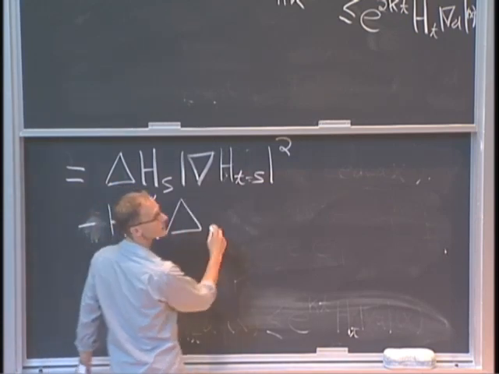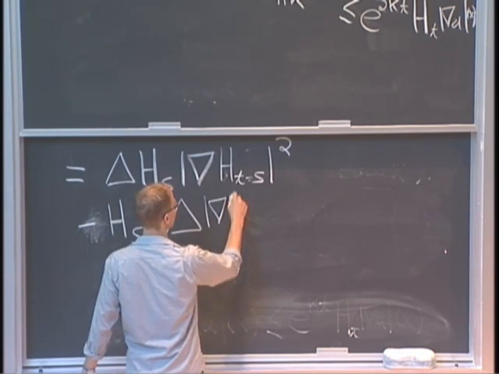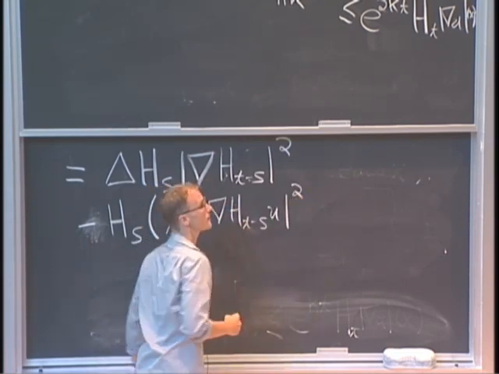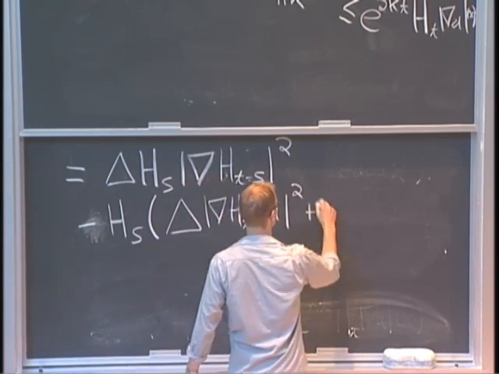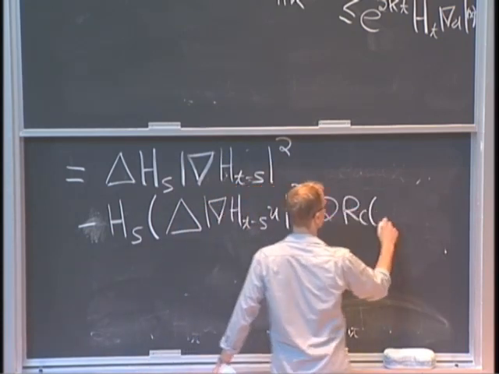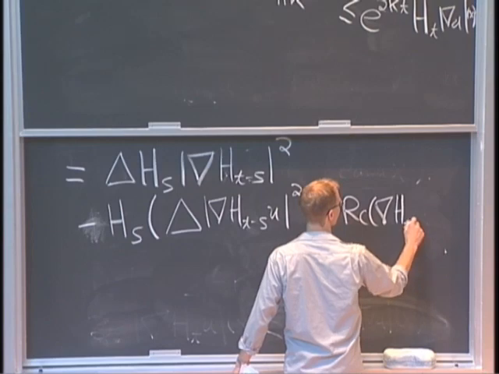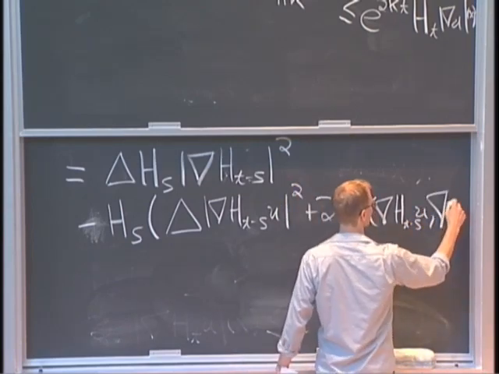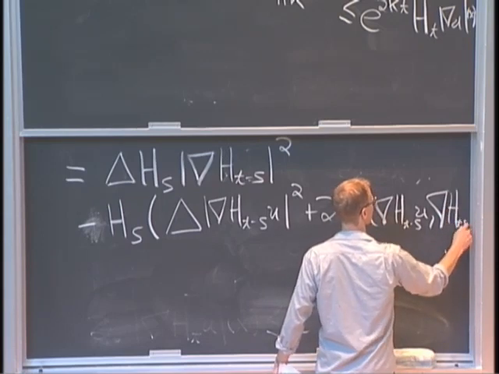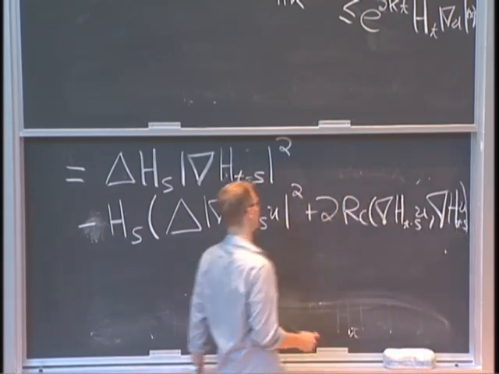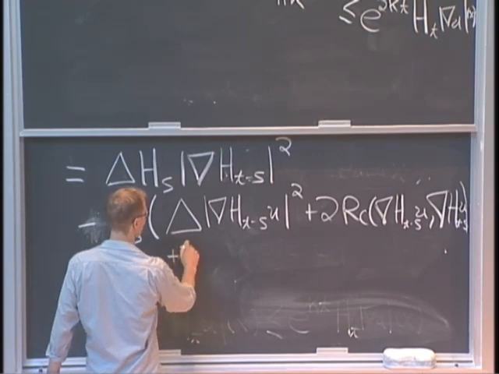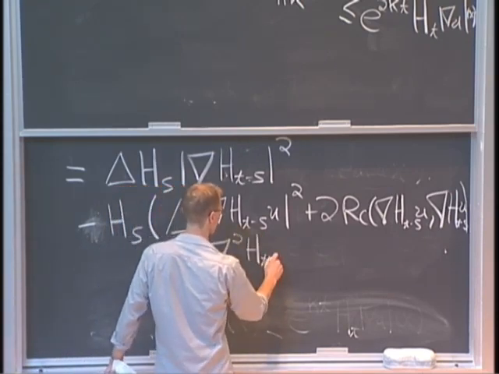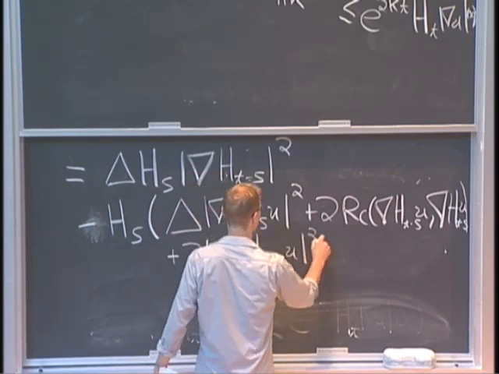So there's a Laplacian of the gradient of h t minus s u squared, plus 2 Ricci of gradient h t minus s u, gradient of h t minus s u, plus 2 times the Hessian of h t minus s u squared.